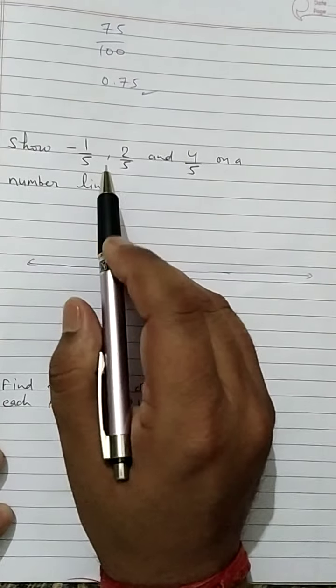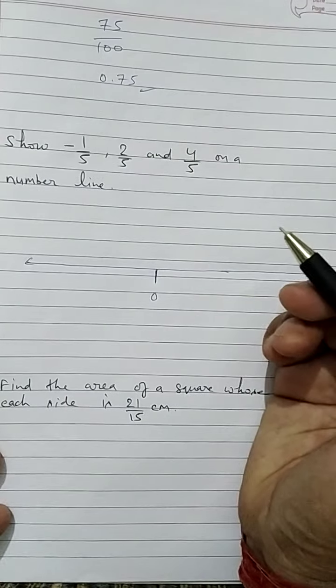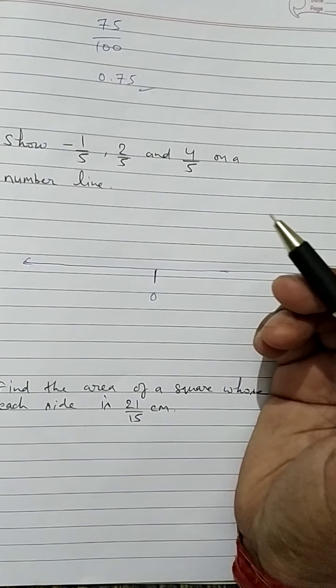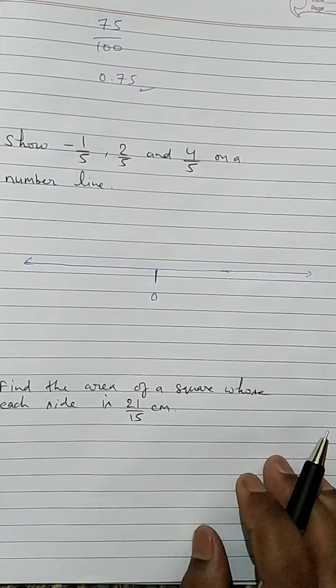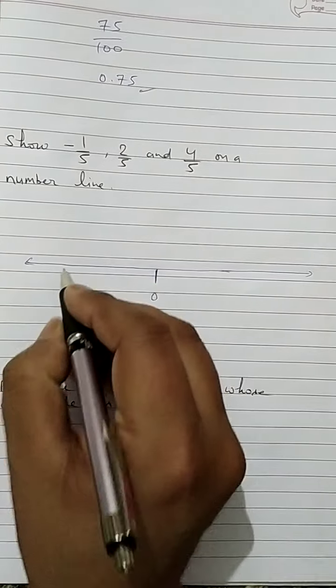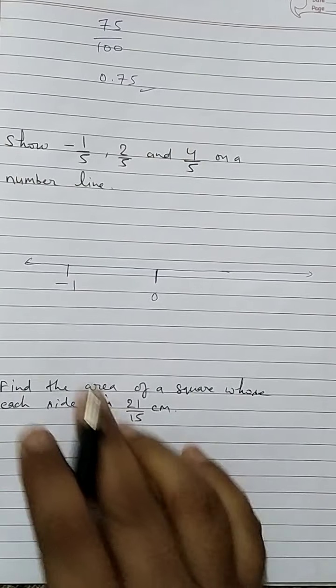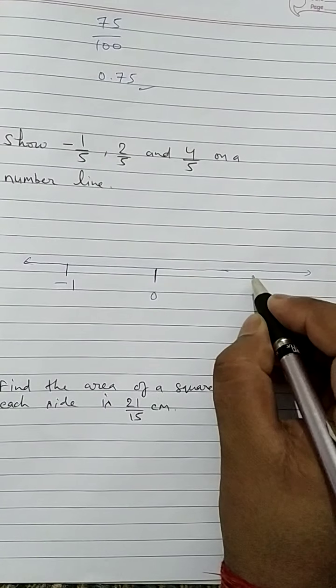We can see that minus 1 upon 5, 2 upon 5 and 4 upon 5, the three are proper rational numbers. As I told you earlier, negative rational numbers that are proper come between 0 and minus 1, and positive proper rational numbers come between 0 and plus 1.